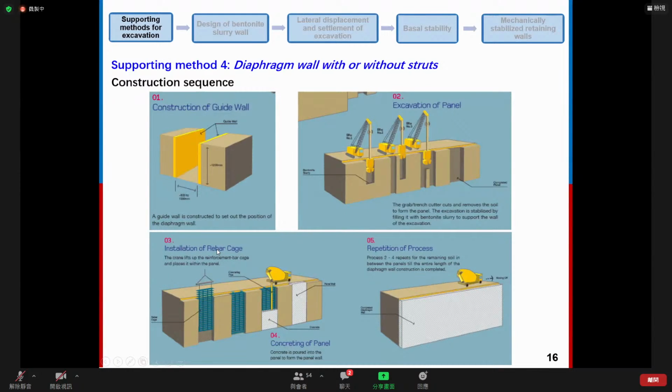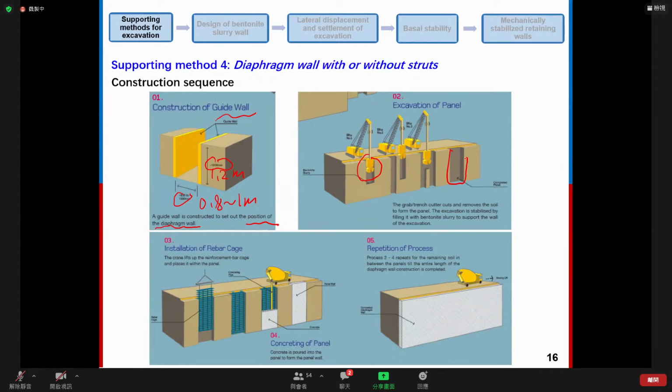So firstly, we need to construct a guide wall. A guide wall is constructed to set out the position for the diaphragm wall. The guide wall is usually with a depth around 1.2 meters and a width around 0.8 to 1 meter. So it's written here. And after forming a guide wall, we use the grab cutter to remove the soil to form a panel.